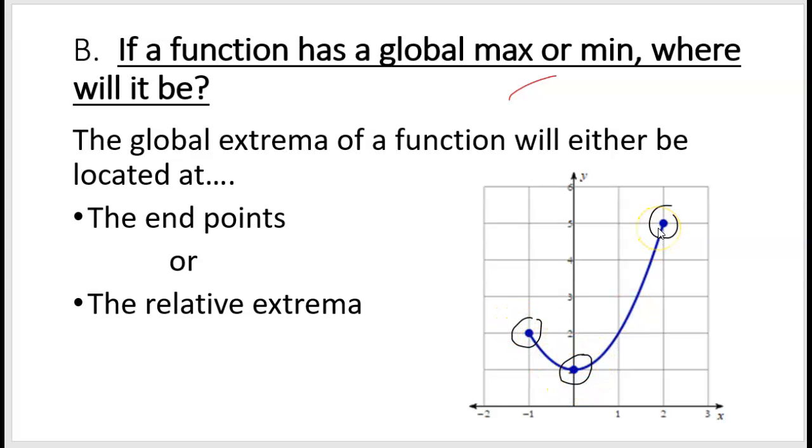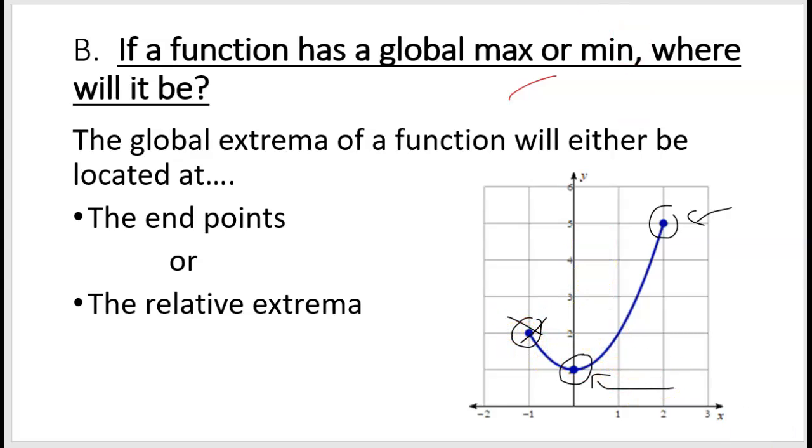So basically on this graph, I have three places I need to look to see if there's an absolute max. And it turns out that yes, this one here is my absolute max. So in this case, the right-handed endpoint is my absolute max, and this relative minimum right here is my absolute minimum, and this one is nothing.